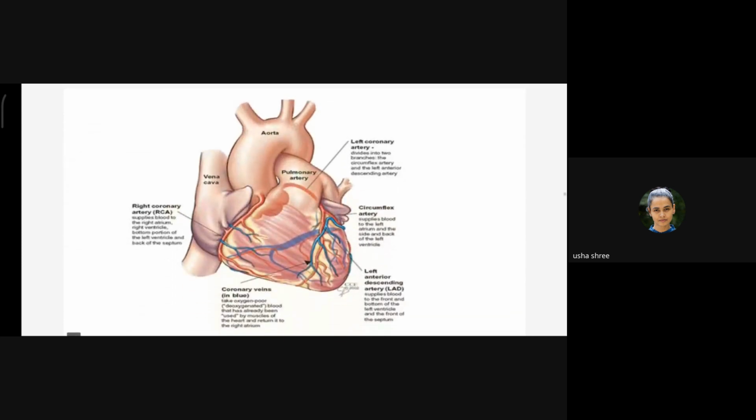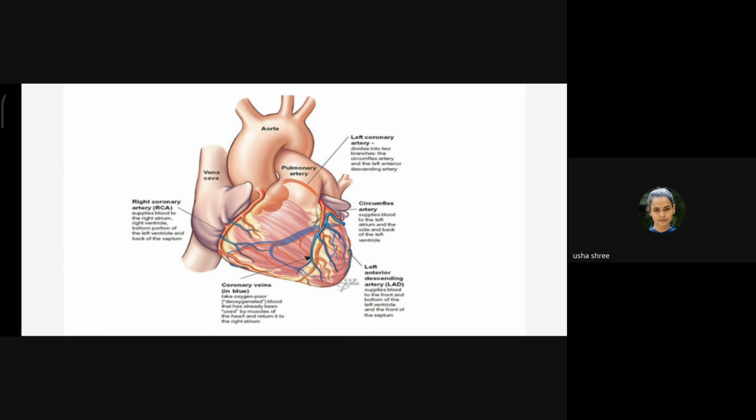Now, you can see in this picture from where the arteries are branched and where they are reaching. The circumflex artery is branched from the conjunction of the aorta and ventricle, and the other one, the right coronary artery, is also branched from the aorta only.